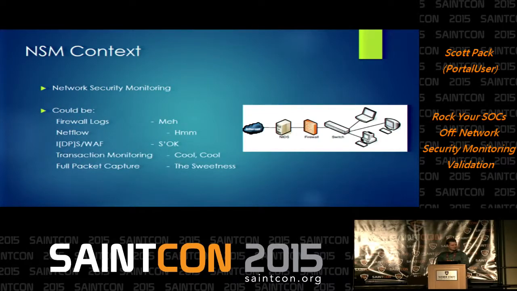A little bit of context around network security monitoring. In your investigations, when you're trying to find badness that attackers are doing, you're going to want as much data as you can, because you never know what kind of data is going to be security relevant in an investigation. Prior to Heartbleed, most people were probably not thinking, oh, I should probably be capturing all of my SSL negotiation, renegotiation, and heartbeat packets.